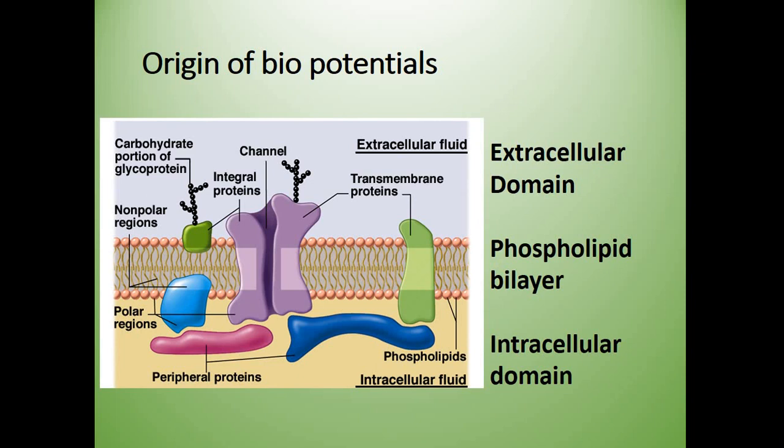So this is the picture at the boundary of a cell membrane. We can see that you have an extracellular region, an intracellular region, and the boundary. Now this boundary is also fitted with channels, so that if there is a possibility of movement of ions into the cell, these channels will open up.